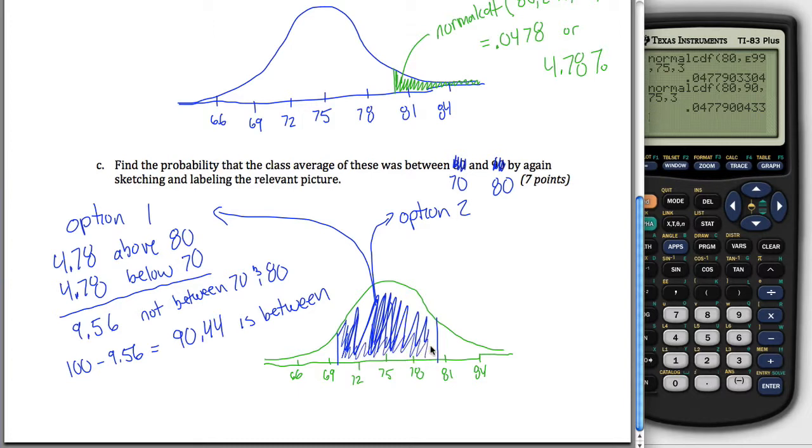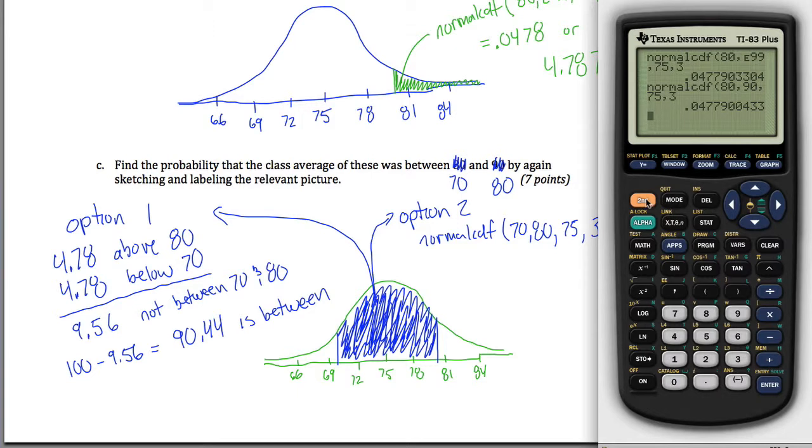I don't know why I care, but I'm going to shade this in a little bit better. Option two would be to use the normal CDF function in your calculator, just like we did before, except now we want the area between 70 and 80, with the mean as 75. And the standard deviation is, what do we say it was, 3?